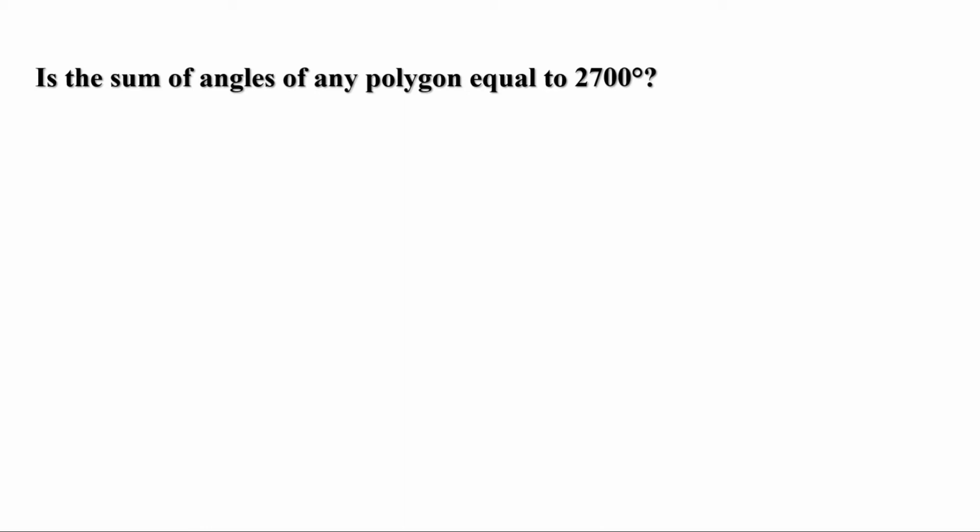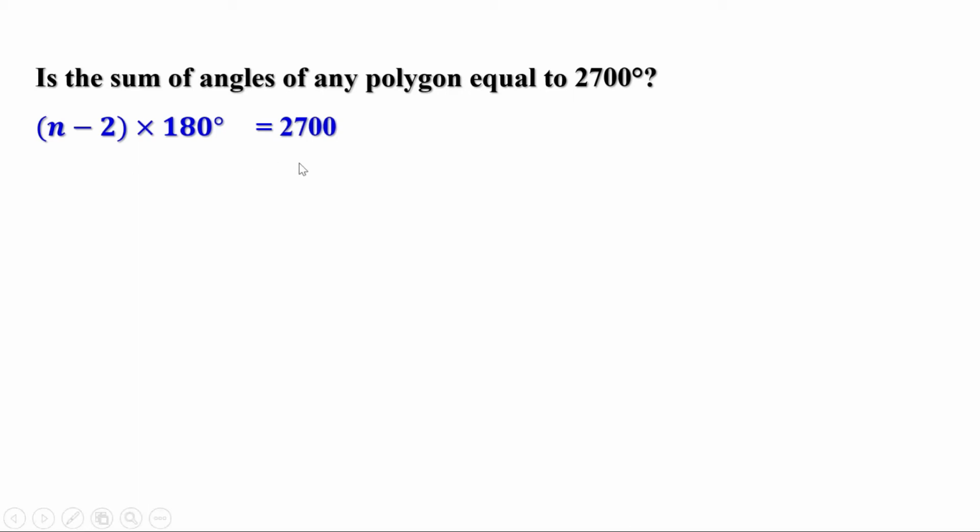Whenever we get values other than this, we can understand that it is not the number of sides of a polygon. Here, let us assume that 2700 degrees is the sum of the angles of a polygon of n sides. Then we can say (n minus 2) into 180 degrees equals 2700 degrees.